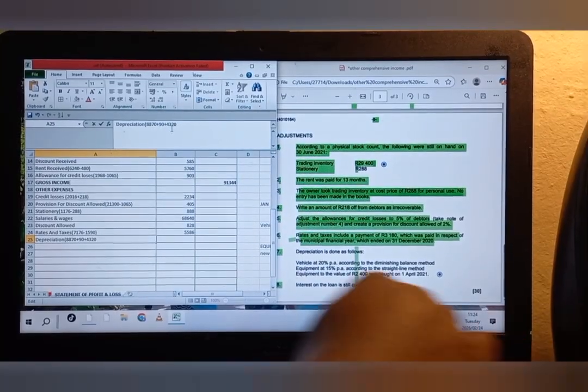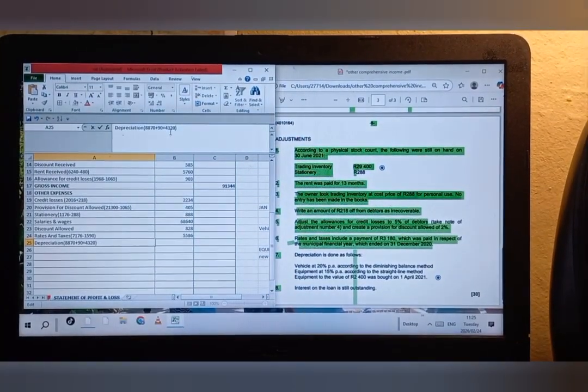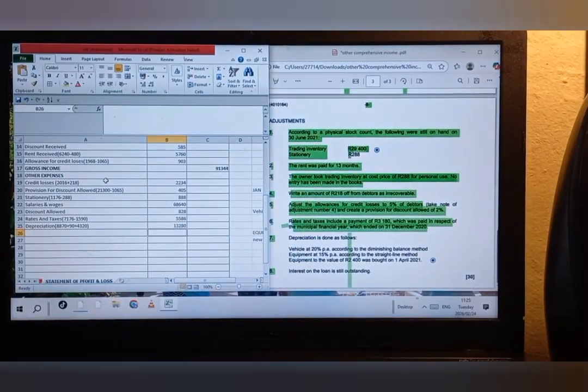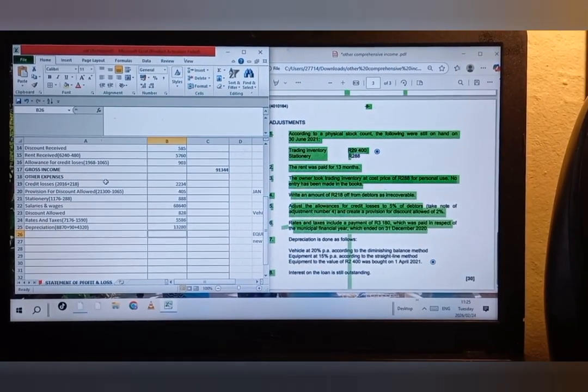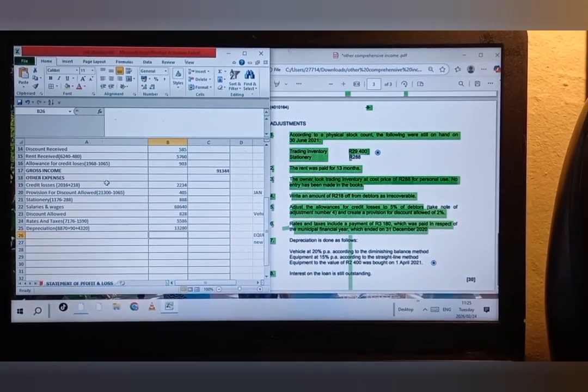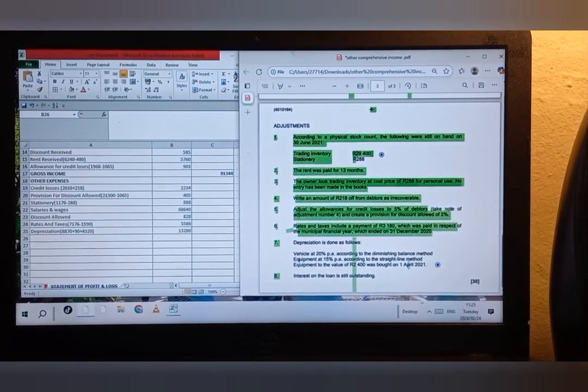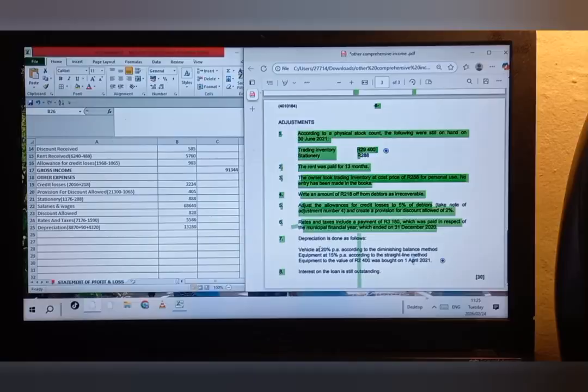You close your bracket, and then you add them all, you get your 13,280 total of depreciation, guys. This is the total of your depreciation. And then we are done with our adjustment number 7.